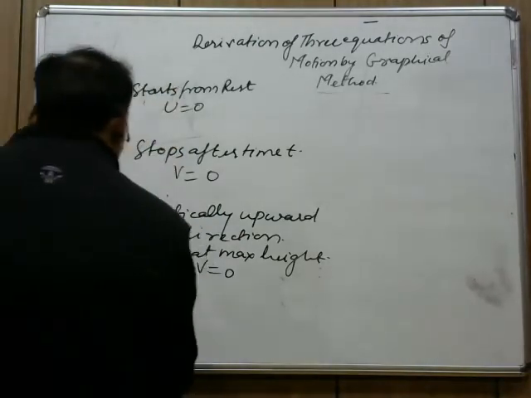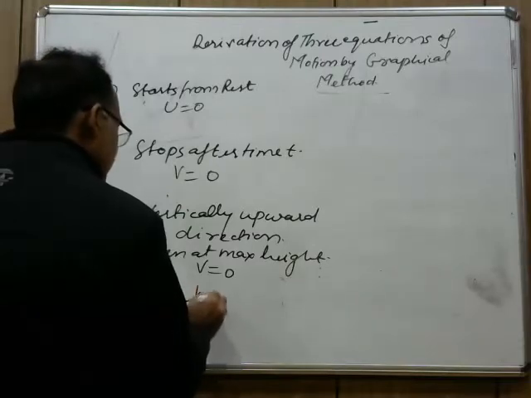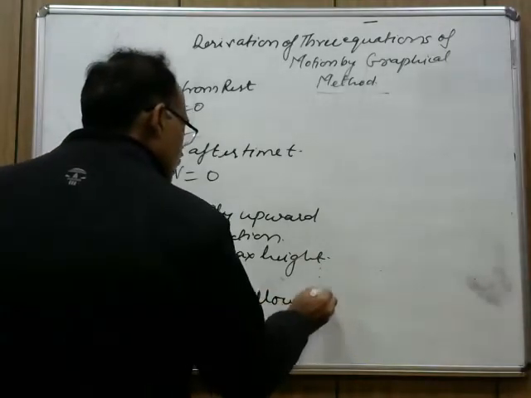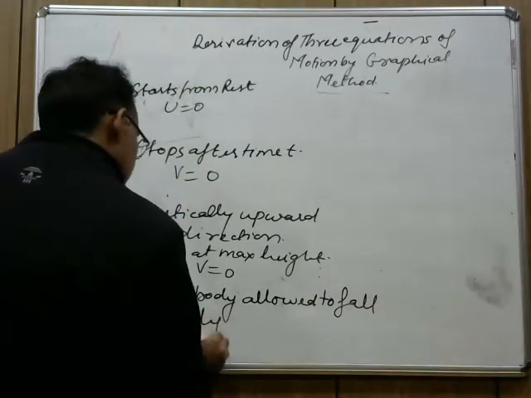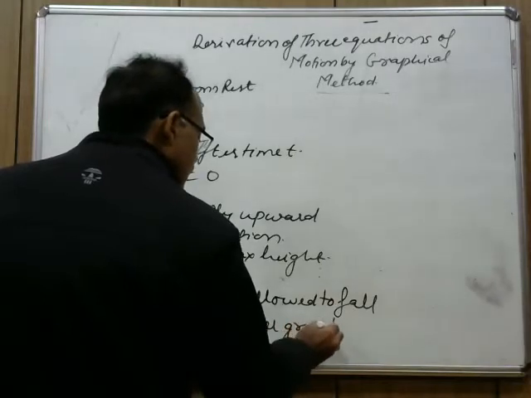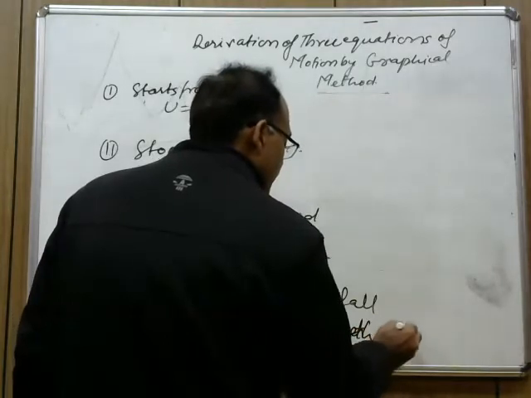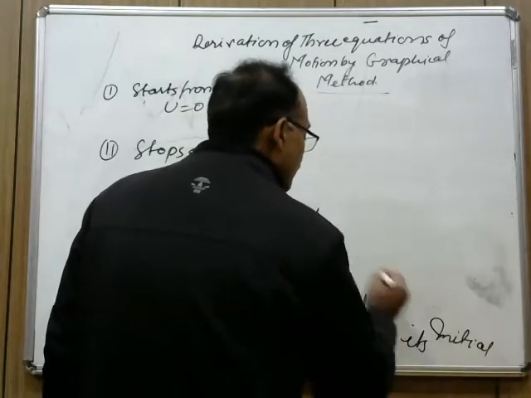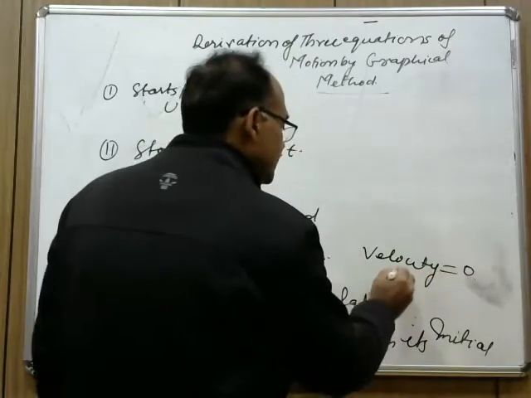And fourth point: if a body is allowed to fall freely under gravity, then its initial velocity is equal to 0, means U is equal to 0.